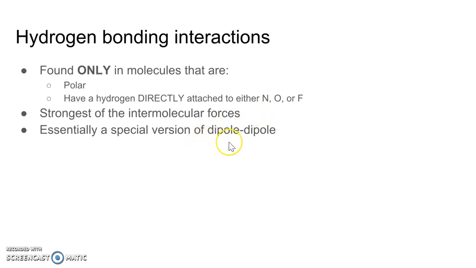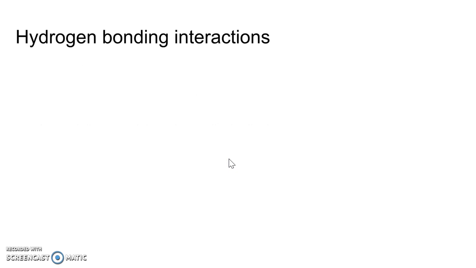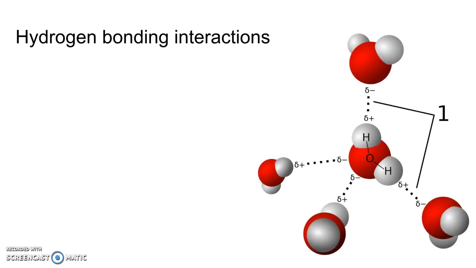It's dipole-dipole, but much, much stronger because of the hydrogen being attached to either nitrogen, oxygen, or fluorine. You're welcome to think about why that is. What do we know especially about things like fluorine, maybe oxygen, maybe nitrogen? Some cool things to think about. Maybe ask your teacher.